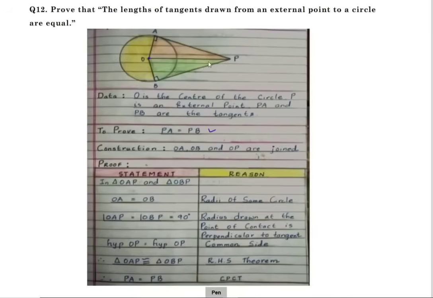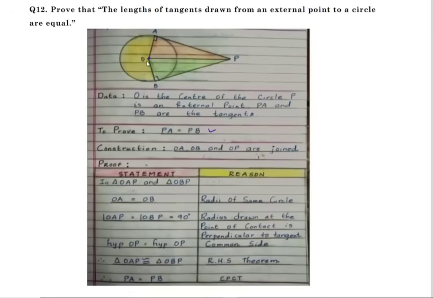The common side is OP. OA and OB are sides of the triangles, but what are they? They are radii. OA and OB are equal because they are radii of the same circle.